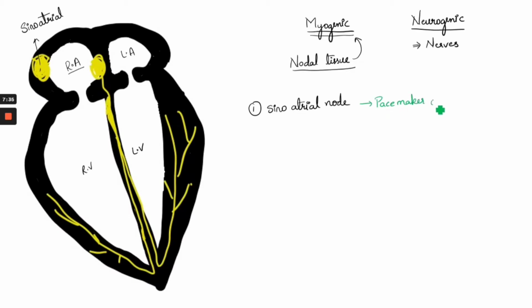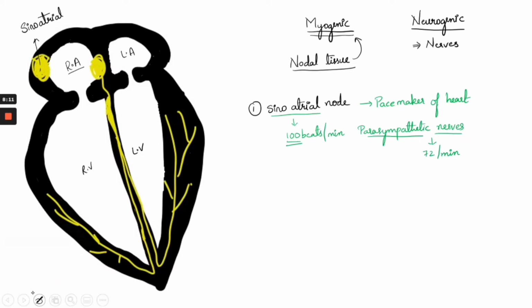That means it helps in maintaining the number of beats per minute. The sinoatrial node has a capacity to make 100 beats per minute, but it is controlled by parasympathetic nerves, which maintain it at 72 beats per minute. Usually it can beat 100 times, but it is regulated by parasympathetic nerves.